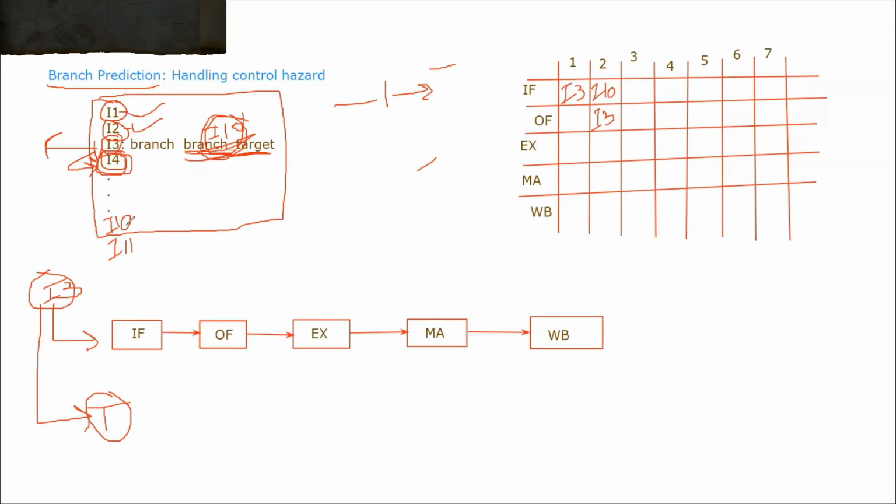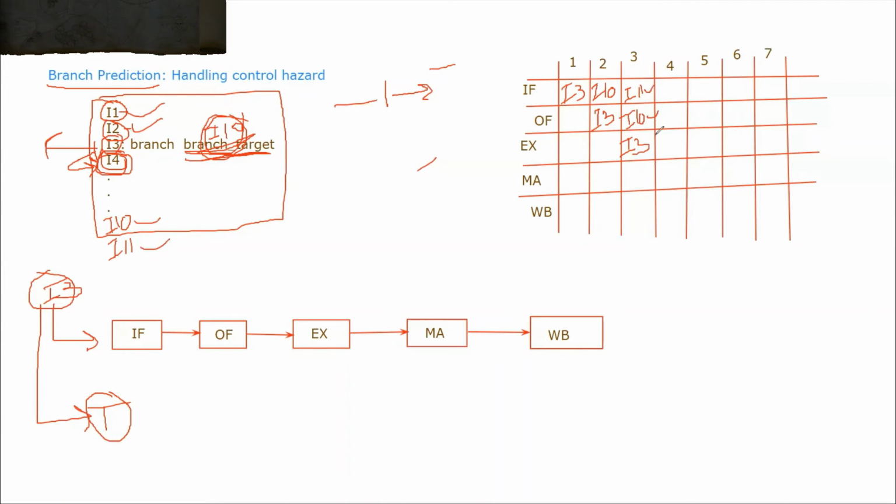In the third cycle, I3 reaches the execute stage, I10 reaches operand fetch, and after I10 the instruction to be fetched is I11. So till this third cycle, my branch instruction, for which I predicted that the branch is taken, has reached execute. Because of my prediction, I have fetched I10 and I11.